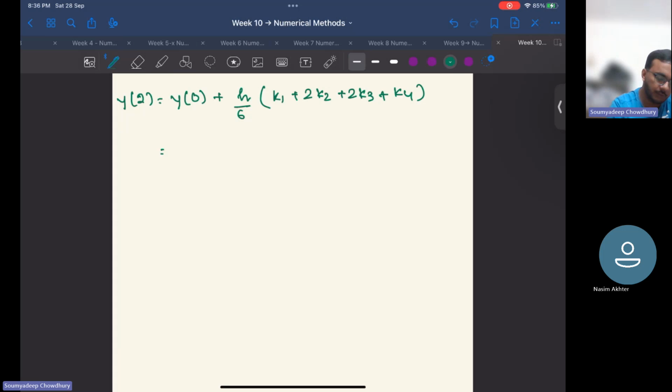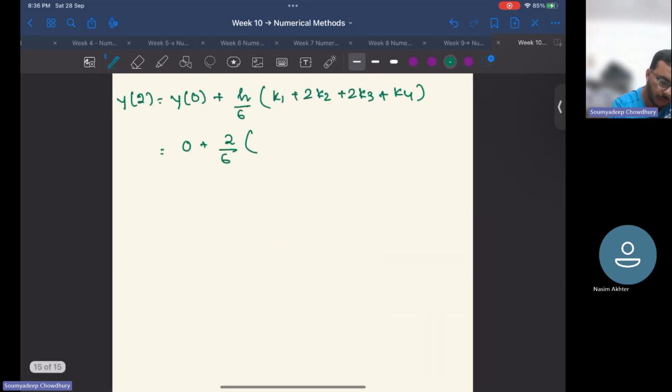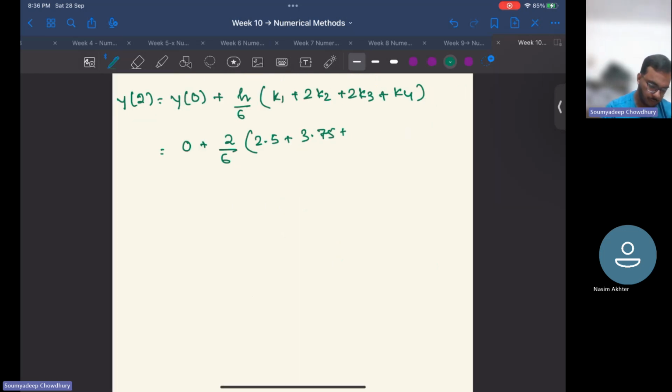So if you substitute this, y of 0 is 0, h is 2, 2 by 6, K1 is 2.5, plus 2 into 1.875 is 3.75. Next is 2 into 2.1484. K4 is 0.6536. If you substitute this, you are getting 3.7333. This is y of 2.